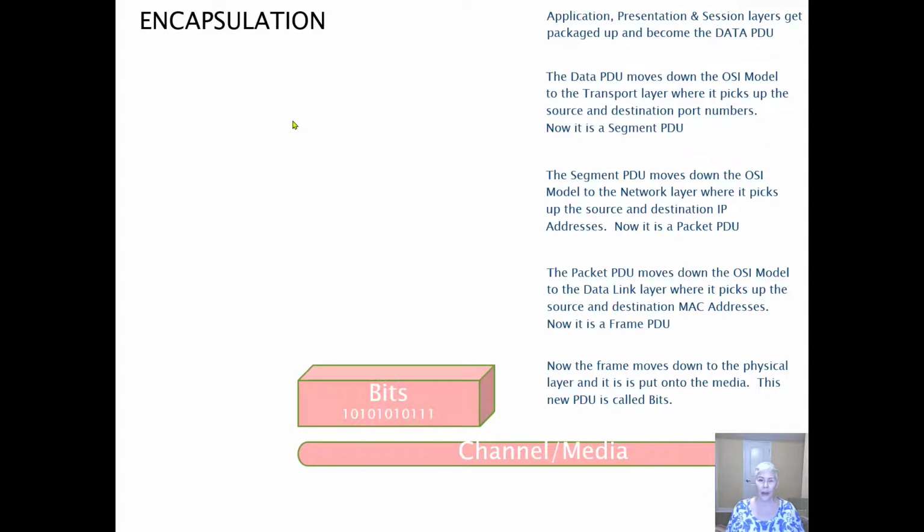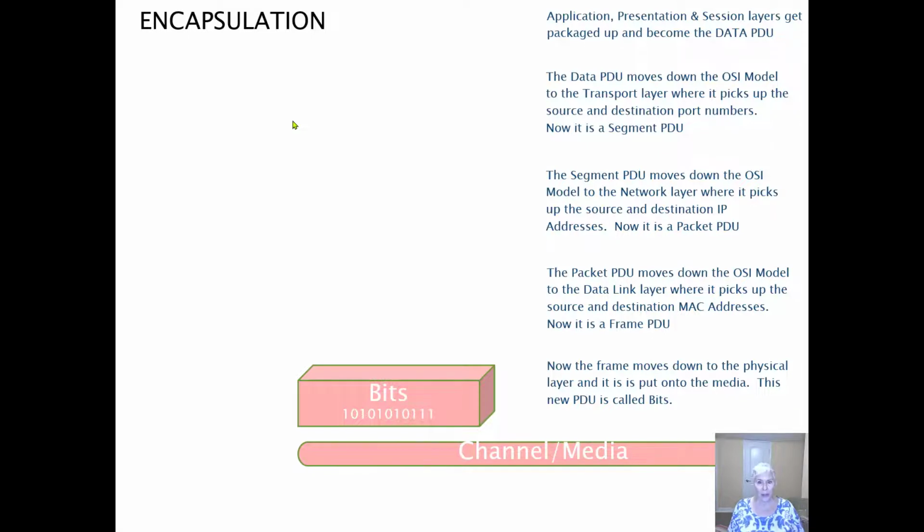For example, if it's fiber optic, those bits are going to be transformed into light, on and off. If it is Ethernet, it's going to be transformed into electricity, because the Ethernet cable doesn't understand ones and zeros, but it can understand electrical signals.